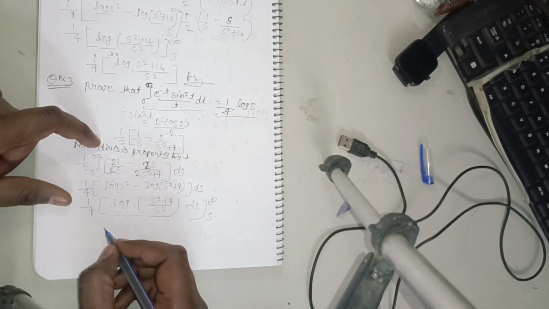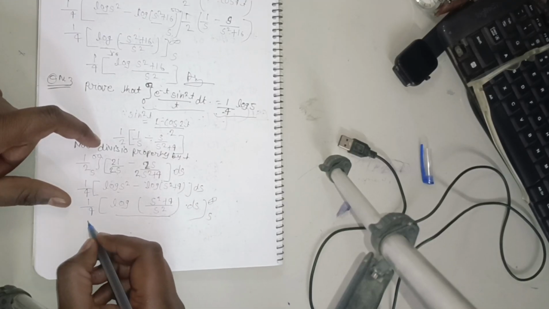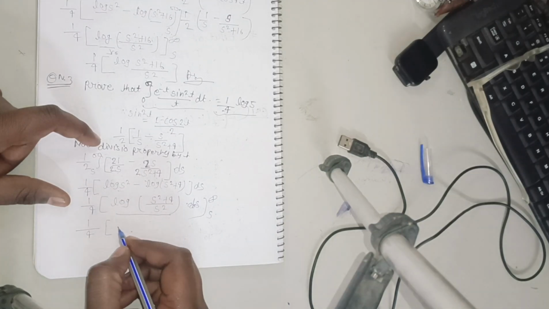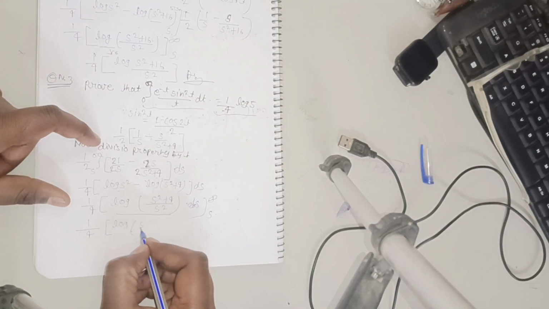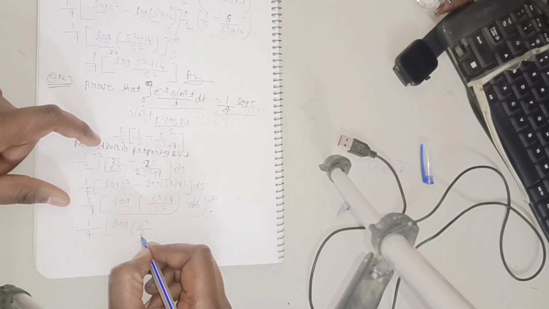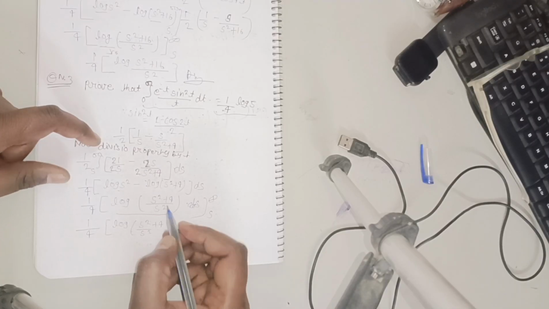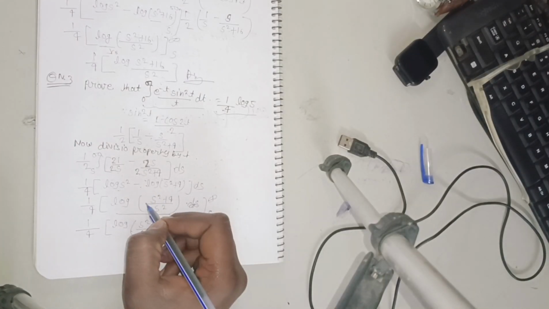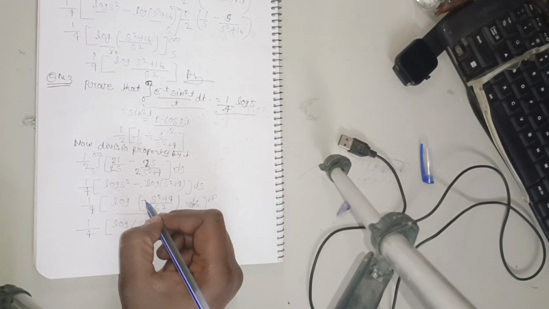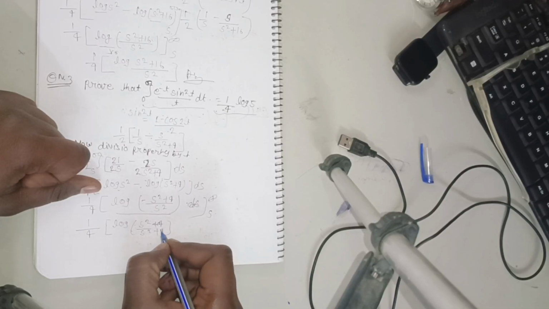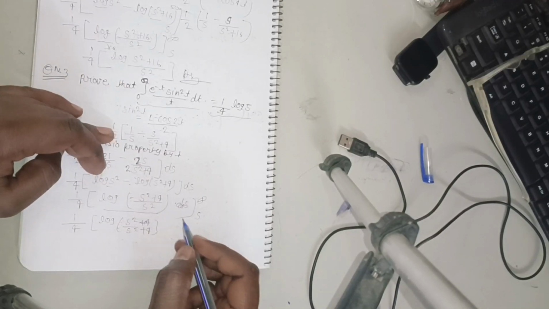So 1 upon 4 log of s square upon s square plus 4, or s square plus 4 upon s square, doesn't matter. Just remember, I think I made some mistake there also. Here it is minus, so everywhere it will be minus. If I want to remove the minus, then I can write s square upon s square plus 4. I made this mistake everywhere, so please take care of that.